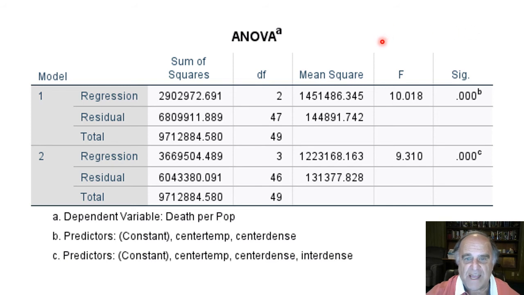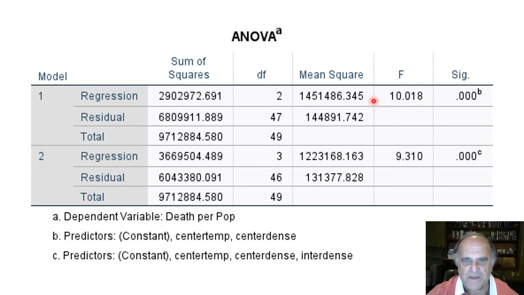Here's our ANOVA table. You can take a look at it. Sum of squares regression and sum of squares residual add to sum of squares total. Here's our degrees of freedom. We had 50 states, so our total is 49. We have 2 predictors in Model 1, so the regression degrees of freedom are 2, and 3 in Model 2. The residual is 47 and 46. The mean square is simply the sum of squares divided by the degrees of freedom.